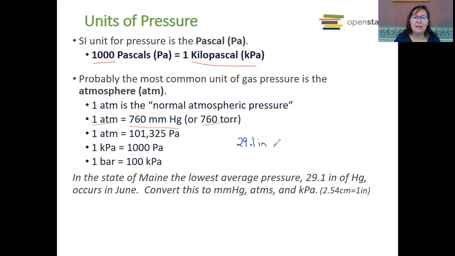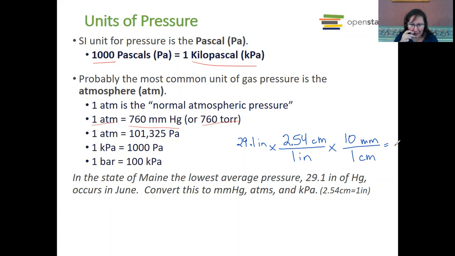So we have 29.1 inches times 1 inch per 2.54 centimeters times 1 centimeter contains 10 millimeters. Okay, so we do 29.1 times 2.54 times 10, and that gives us, with 3 significant figures, 739 millimeters.